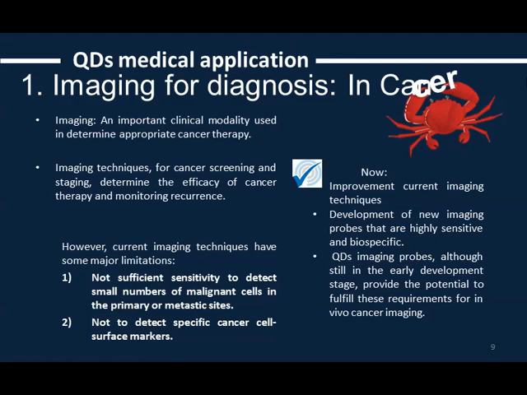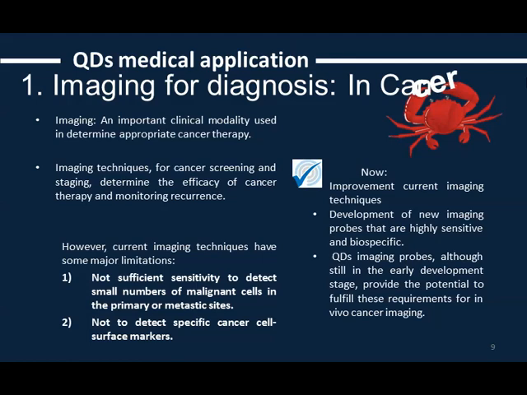Also, quantum dots could be used for medical applications such as imaging, but in cancer. Sorry, the word cancer is not clear, but it means cancer. Currently, there are some traditional imaging techniques to screen for cancer, but there are some limitations. For example, they are not sufficiently sensitive to detect small numbers of malignant cells in the primary or metastatic sites.